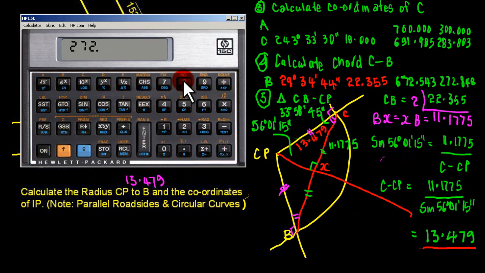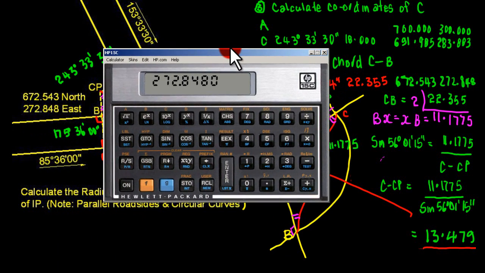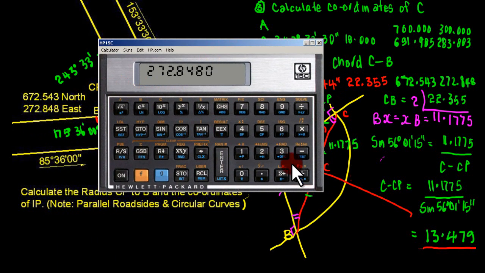Note we're going 0.848, enter. Note we're going easting first. I'm just checking a coordinate here as well, 672.543, and we just go sigma minus to that.